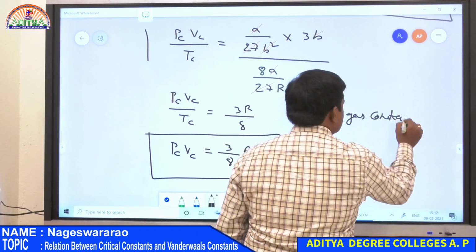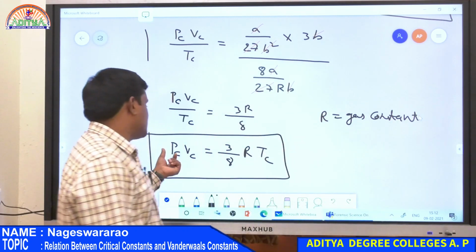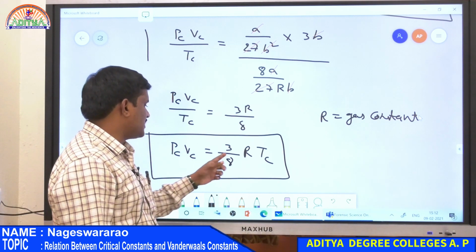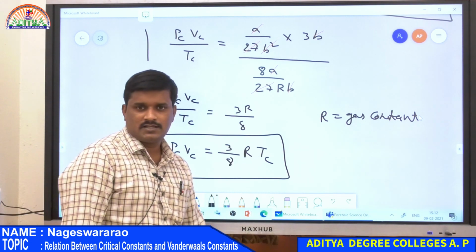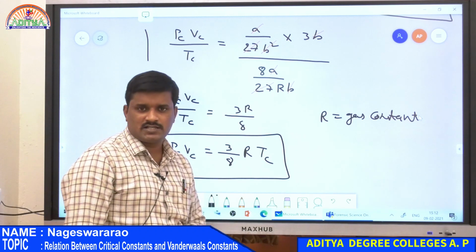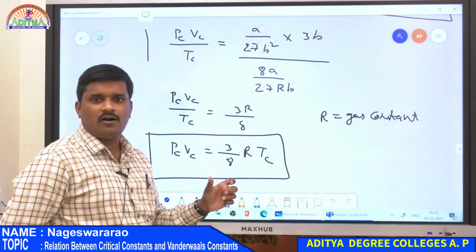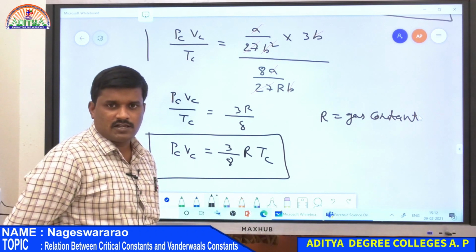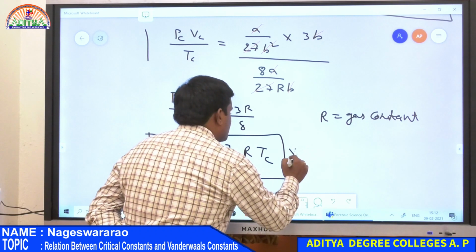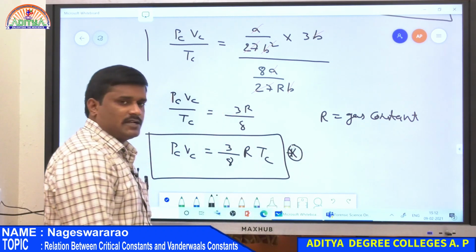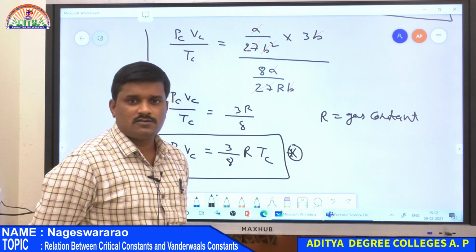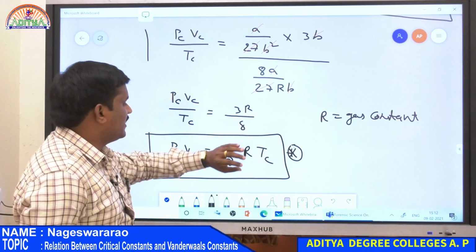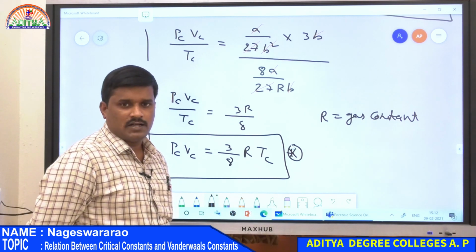So in this equation, there is no van der Waals constant values A and B. Only you have the relation between PC, VC and TC by using this equation. So finally you get a relation between all the critical constants, that is PC VC is equal to 3 by 8 into RTC.